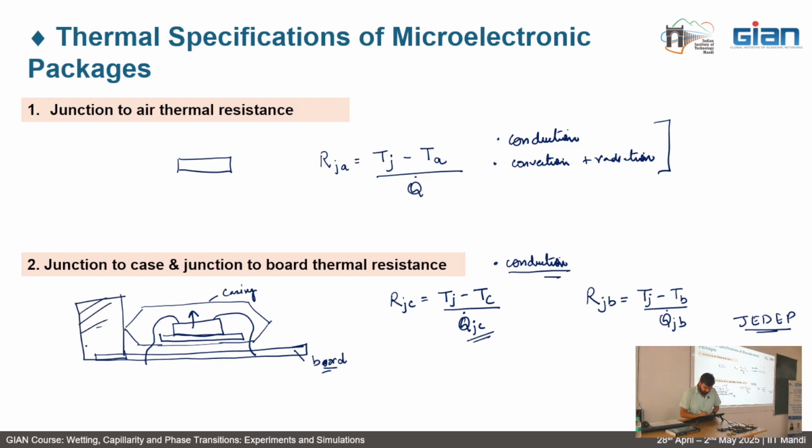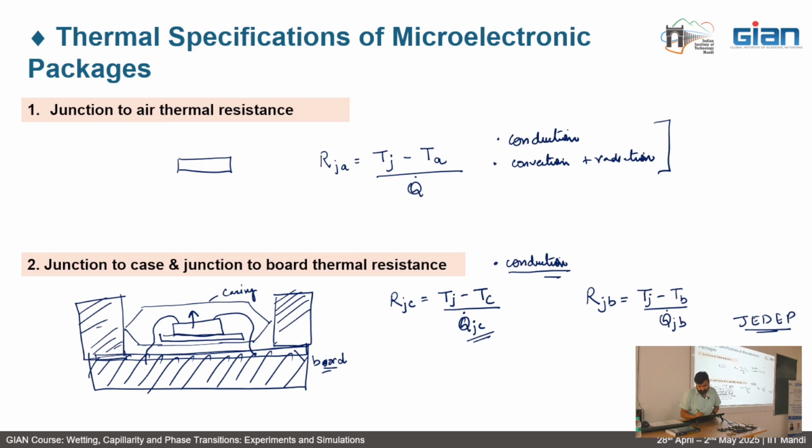We have insulation material here, here, and here. So all of the heat transport will occur to the casing, and then we measure the temperature on the casing, and then we define this RJC value, the junction to casing thermal resistance. This is insulated, right?